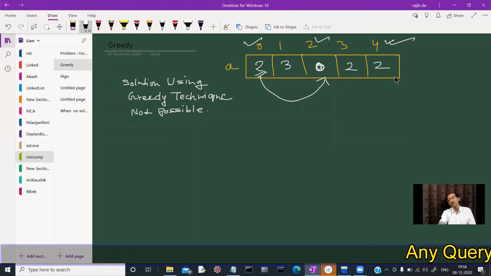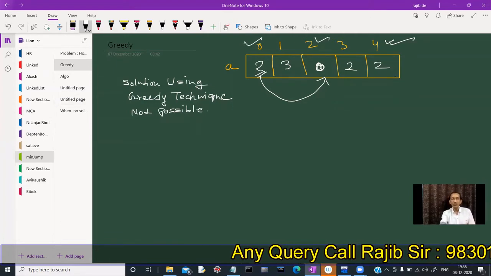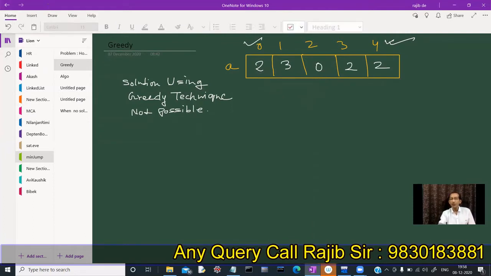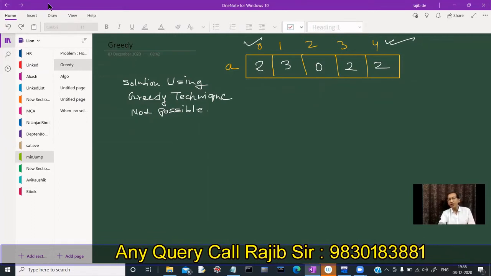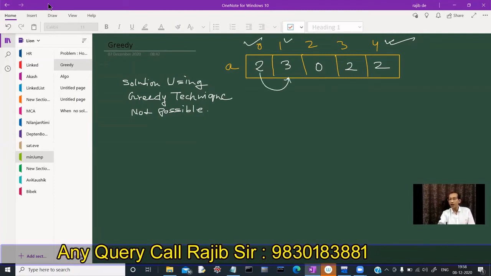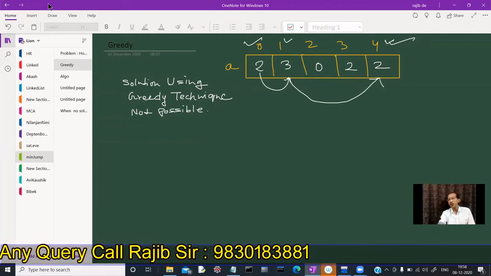You cannot reach the last location. You stand still here, so it is not giving you the solution. But does this problem not have any solution? It has a solution. If we start from location 0, which we always have to, but instead of taking 2 jumps we take just 1 jump and reach index 1, from where we can take 3 jumps at a time and reach the desired location, location 4.